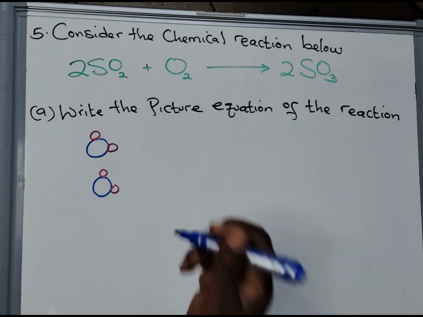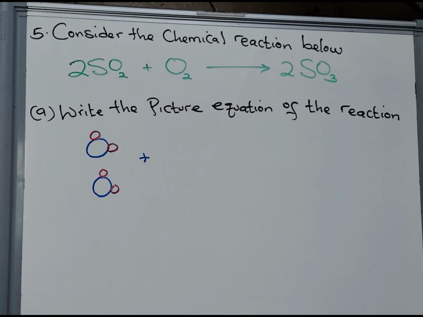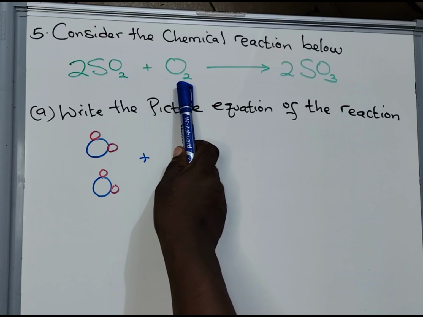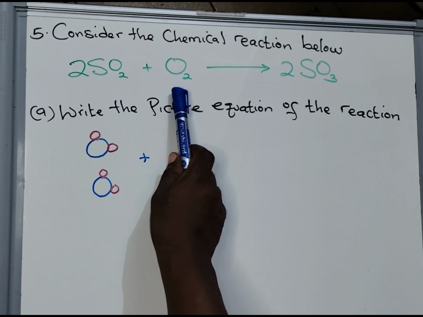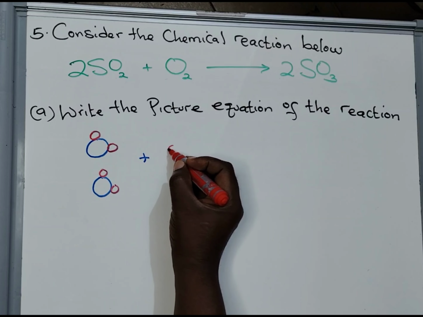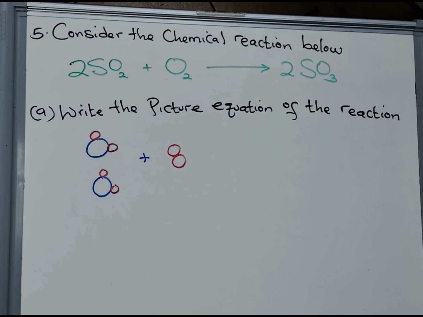So what comes next? It is plus our oxygen. So what we have here, there are 2 oxygen atoms within the molecule. So how do you represent that? There are 2 attached to each other. So that's how that molecule looks like.